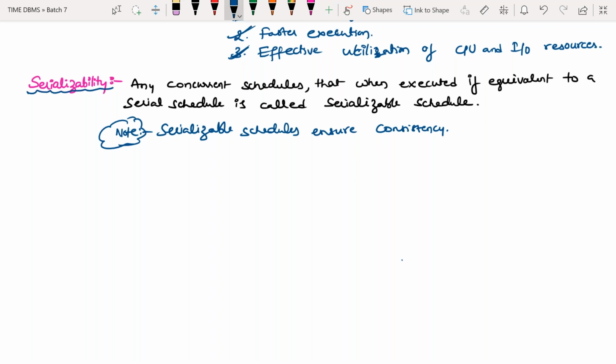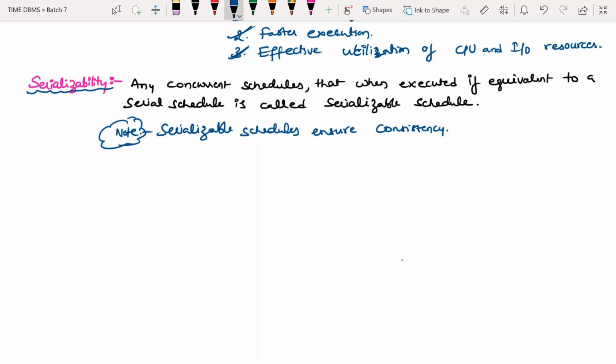So to ensure whether a concurrent schedule leads to a correct or incorrect state, we will be using the concept of serializability. Now, what is a serializable schedule?